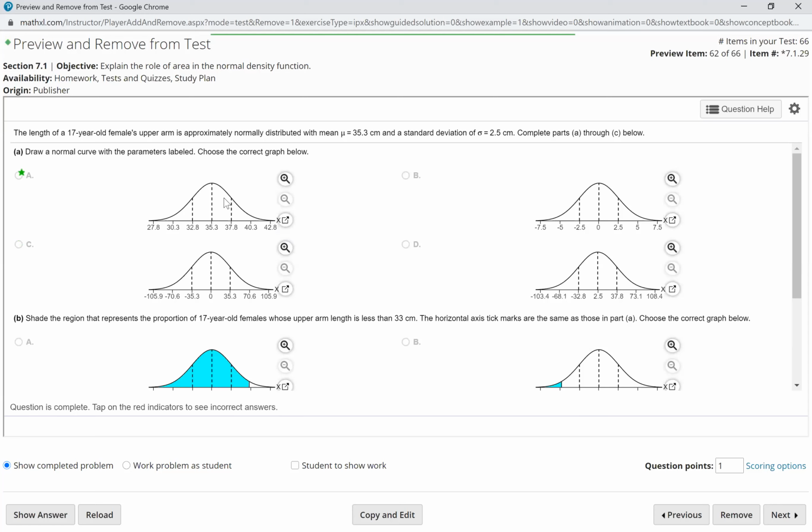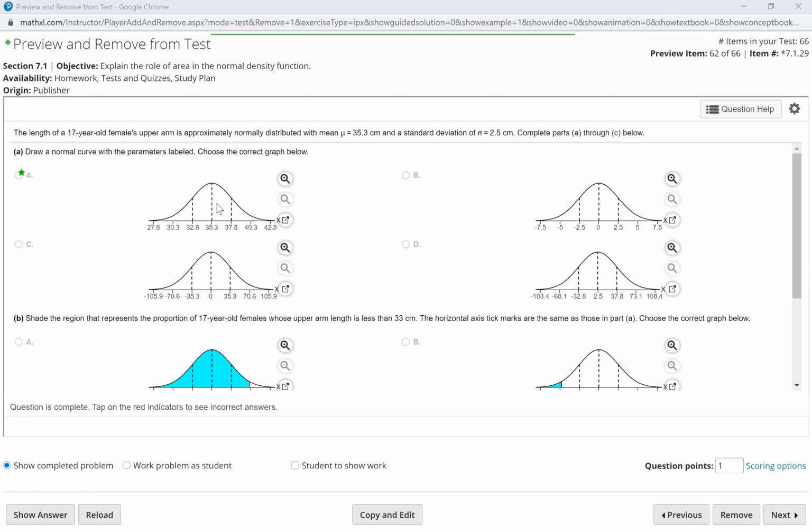What is this here? The length of a 17-year-old female upper arm is approximately normally distributed with the mean and standard deviation. Compute the following parts. Okay, let's see. Draw a normal curve. So your normal curve, guys, has to have 35.3 in the center. It can't be this one.